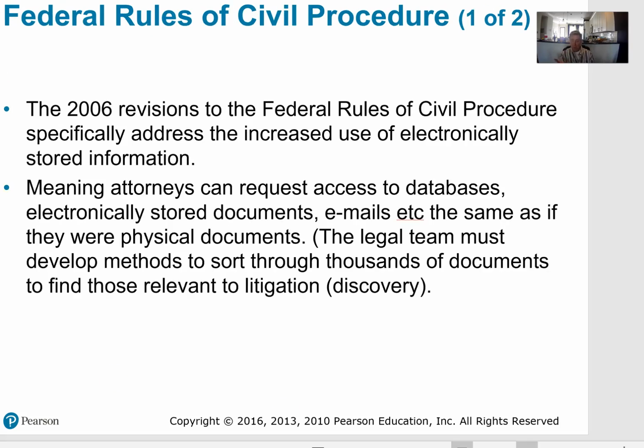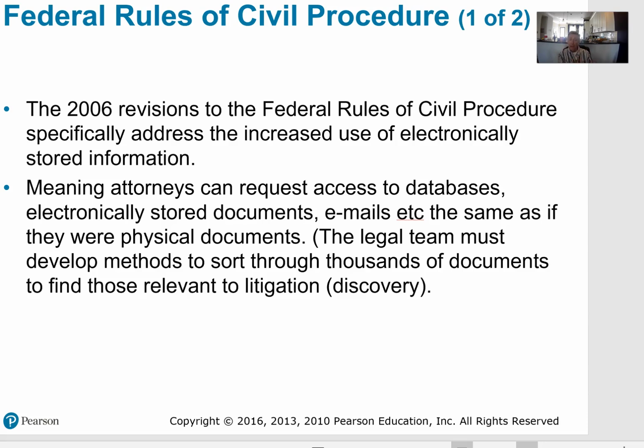Now, the 2006 revisions to the Federal Rules of Civil Procedure specifically address the increased use of electronically stored information. The Federal Rules of Civil Procedure are sort of like how cases are handled and also how evidence is handled, so this has to do with collecting evidence.